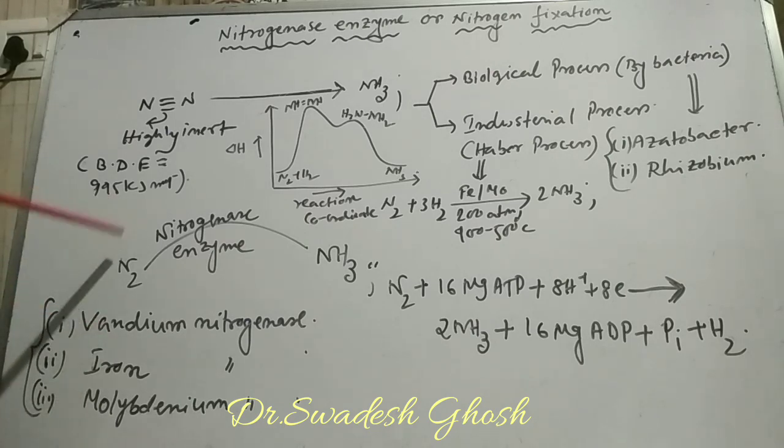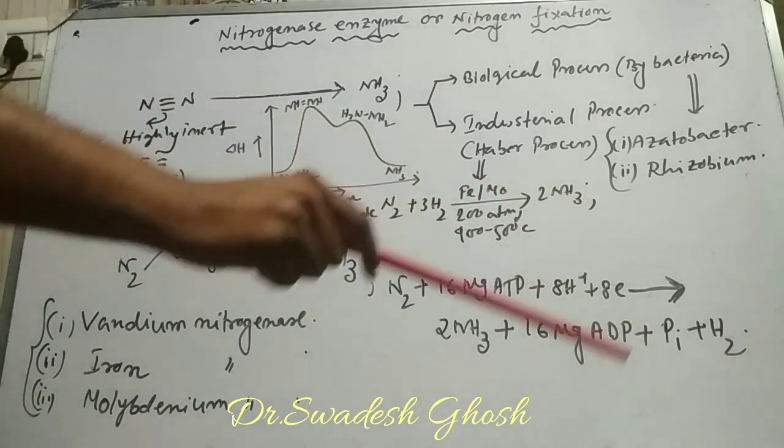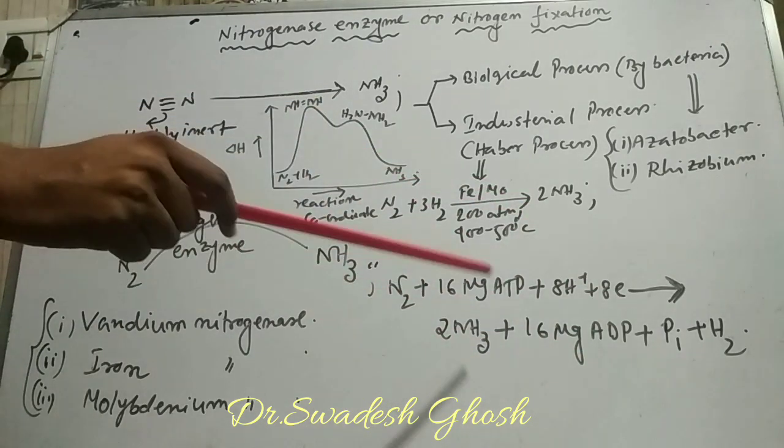For the conversion of nitrogen to ammonia, the molybdenum nitrogenase enzyme is more efficient than vanadium nitrogenase and iron nitrogenase. Now we will discuss the structure of the molybdenum nitrogenase enzyme, its structural activity for the conversion of nitrogen to ammonia, and also the reaction mechanism.